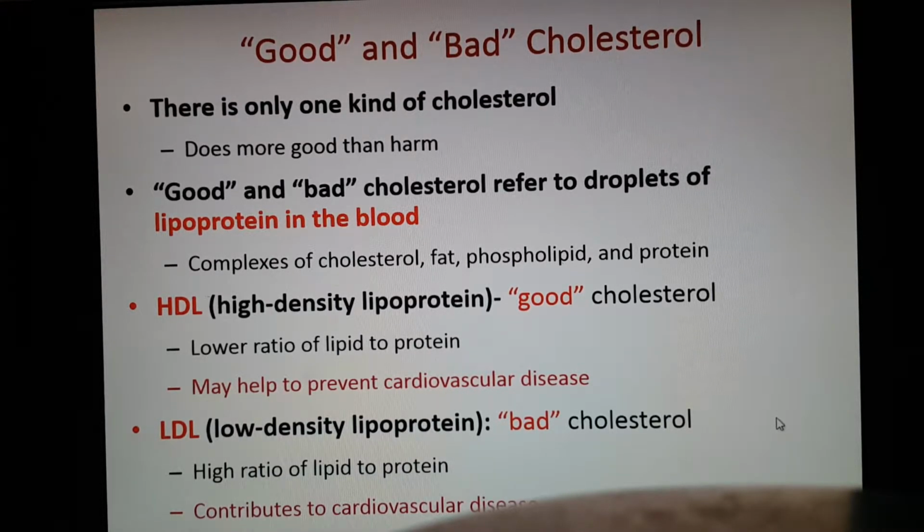So a high-density lipoprotein, or HDL, has a lower ratio of lipid to protein and may help to prevent cardiovascular disease.